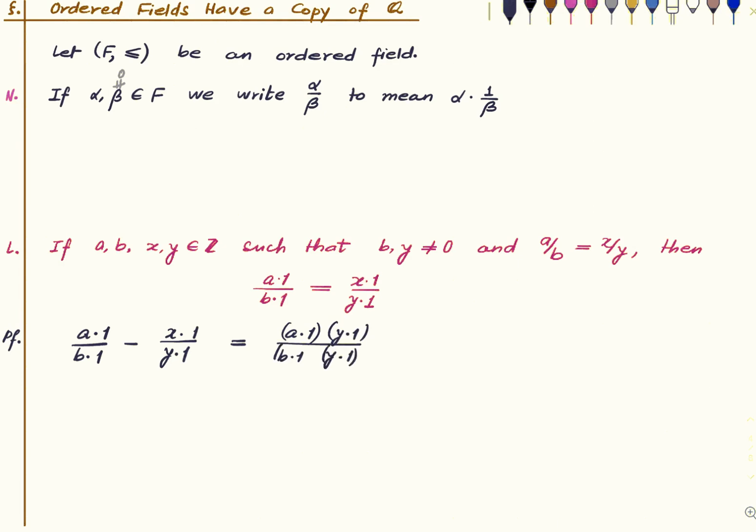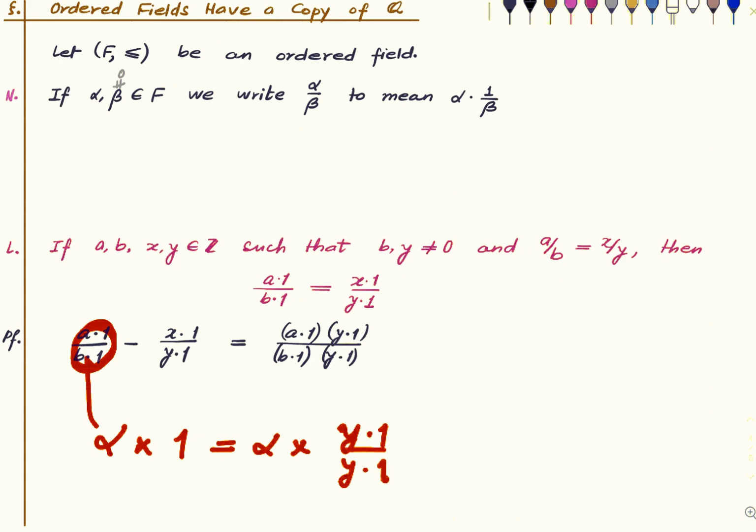So what have we done? We have just multiplied y dot 1 above and below, right? That's all that we did. And this makes sense because this is some element of the field, call it alpha. We can multiply it by 1, and hence we can multiply it with y dot 1 divided by y dot 1, because this is 1. That's all that we are doing.